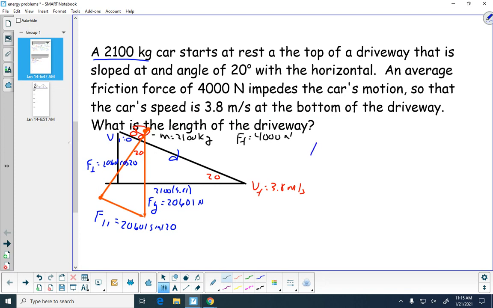Calculate your delta kinetic energy, which is your work net. Determine your change in kinetic energy.